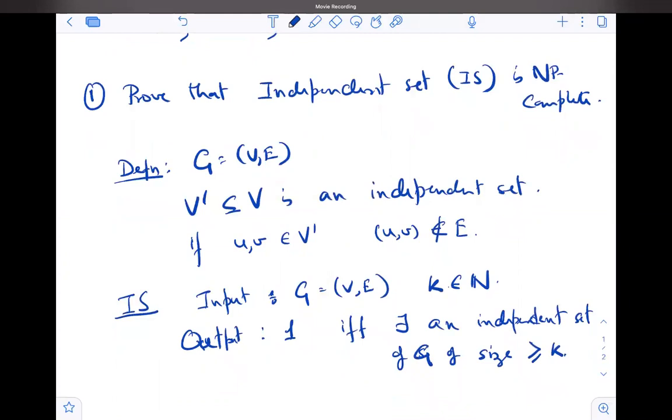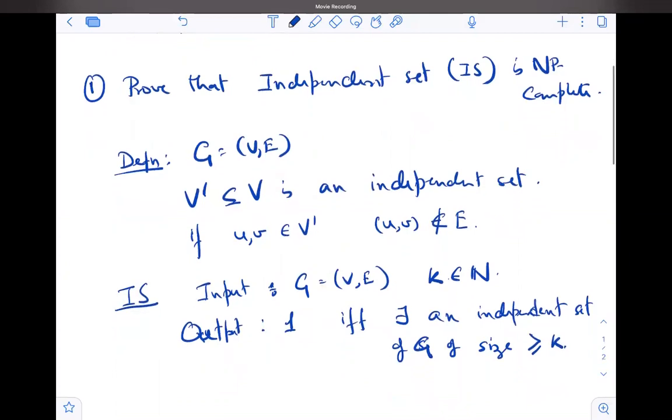I am not going to say too much about this problem. The definition is there. If you have doubts about it, you can let me know. But I want you to use this definition and prove that the independent set problem, IS, is NP-complete.